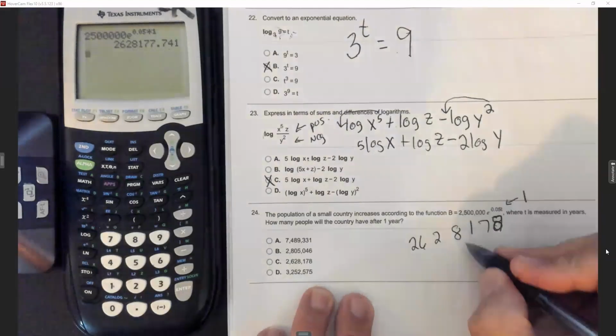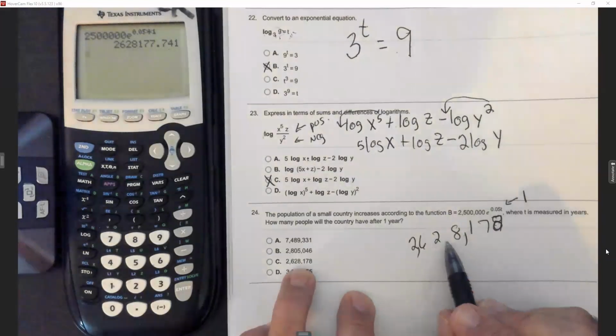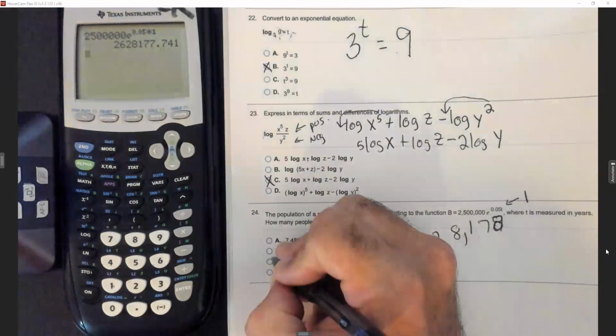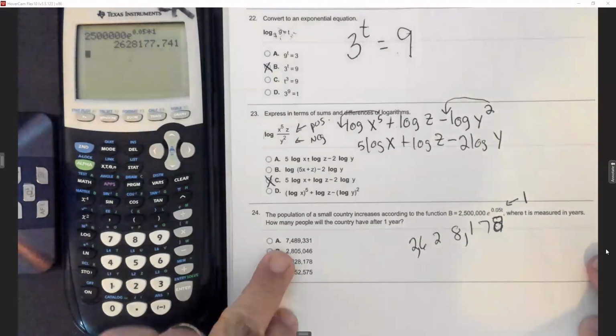So 2,628,178 is C on that one. So y'all, we wanted an easier one on here than y'all having to try to figure out the formula and stuff. So exponential formulas, just plug in for whatever we give you for the years in for that t, okay? And then just punch it on that calculator and go.